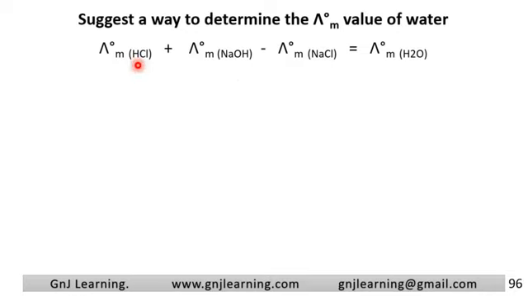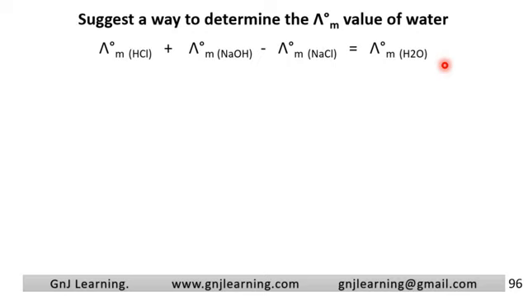For H plus, I am selecting one strong electrolyte that has H plus, that is HCl. Then I have OH minus for water. Then I am choosing a second electrolyte that has OH minus, that is NaOH. So I have two ions, H plus and OH minus, that are common with water. And in these strong electrolytes there are two ions that are not common to water. They are Na plus and Cl minus, and I am subtracting NaCl from this. So I will get lambda m0 of water.